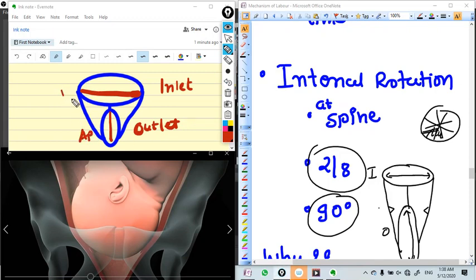Now when the fetal head passes through the pelvis, it passes according to its greatest diameter. So when the fetal head enters the pelvis, it enters with the greatest diameter available at the inlet. And what is the greatest diameter at the inlet? That is the transverse diameter. That's why the head enters transversely, just like seen in this video.